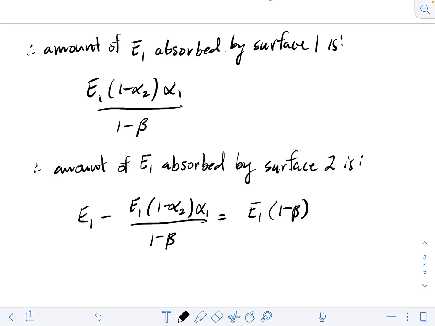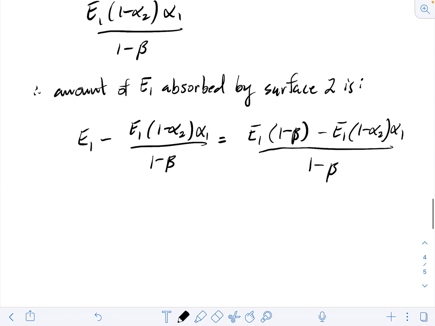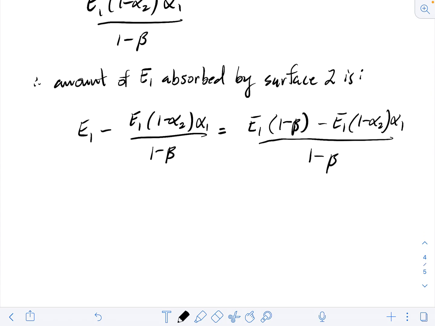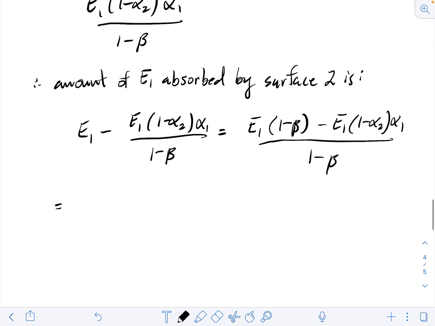And so that's going to be E1, if we put things over a common denominator, times 1 minus beta, minus E1, 1 minus alpha 2, alpha 1, all over 1 minus beta. So I think we can do some simplifications here. In the numerator, let's put in what beta was.